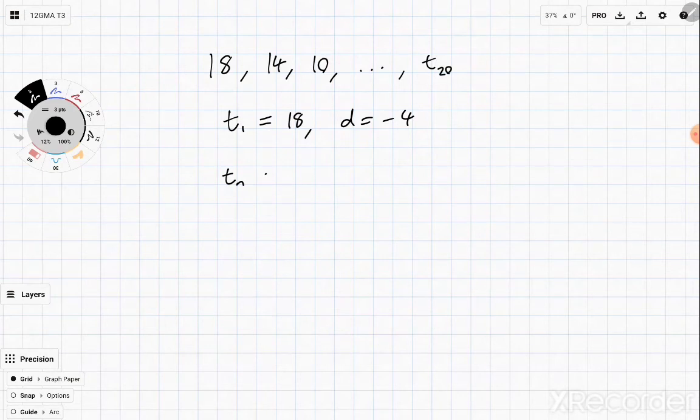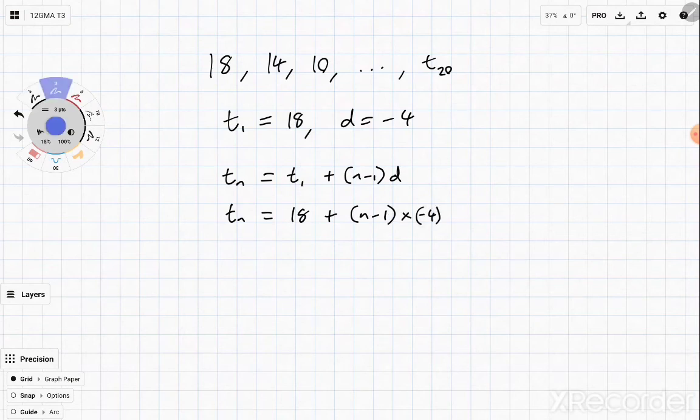Slightly too much for us to bother doing every single term, so may as well use the rule. So T1 plus (n minus 1) d. There's our rule, and we're substituting in T1 equals 18, d equals -4. So Tn is equal to 18 plus (n minus 1) times -4.